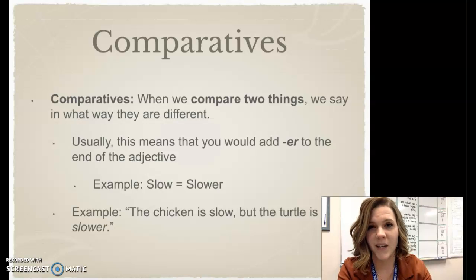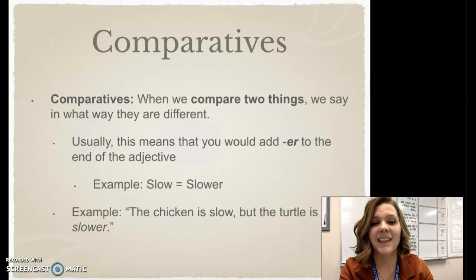So first, when we compare two things, we're talking about how they're different in the sentence. In order to form the comparative, we typically will add the er to the end of the adjective. An example, when I'm looking at something that's slow, if I'm making the comparison between two things, I'll add er to the end of that adjective.